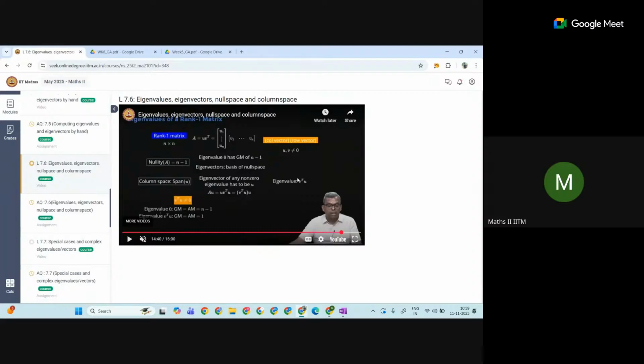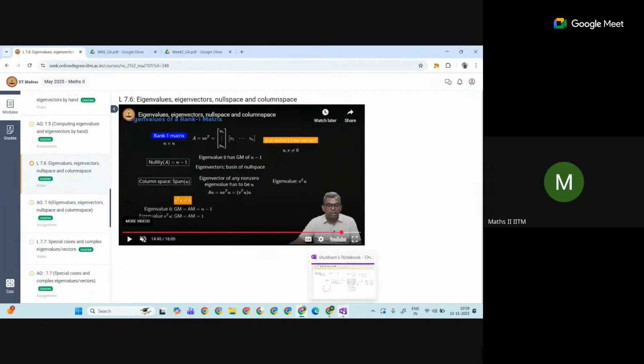Okay, so this is the rank 1 matrix and its eigenvalues and eigenvectors. The eigenvalue is going to be 0. Sorry, the geometric multiplicity is going to be... Not only this, one another thing is that eigenvalue 0 is one eigenvalue, and the non-zero eigenvalue is going to be what?